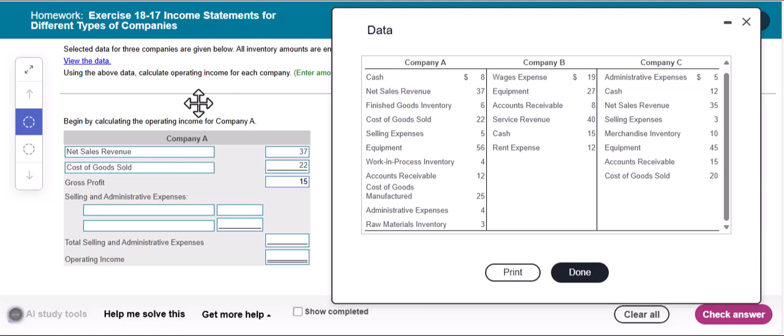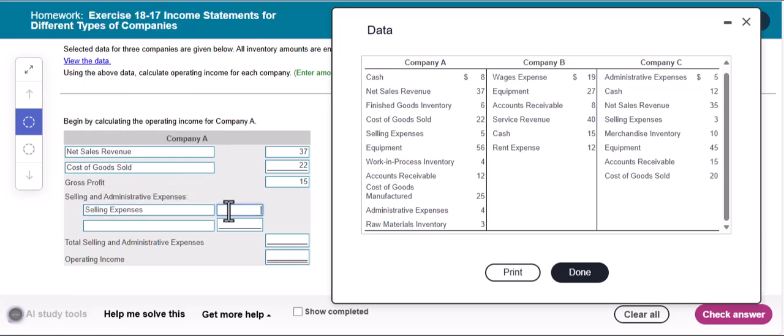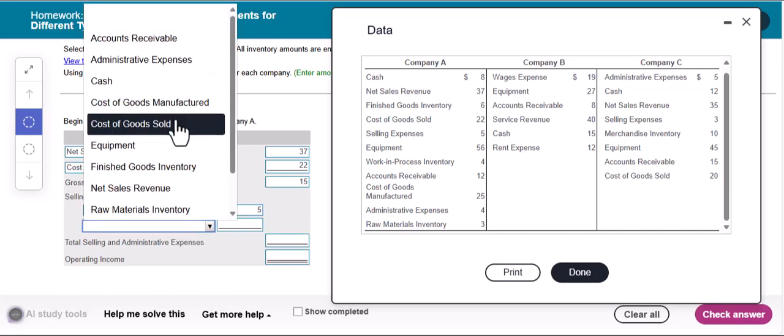So next up, we're going to get our selling and administrative expenses, and those have also been given to us here. So first, when we scroll down, we have selling expenses for 5 million. So we'll go ahead and input selling expenses for 5 million. And then we have the administrative expenses for 4 million there.